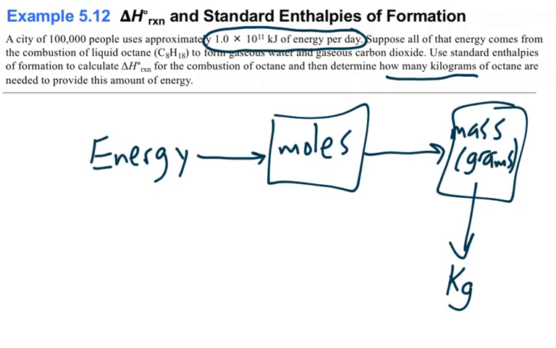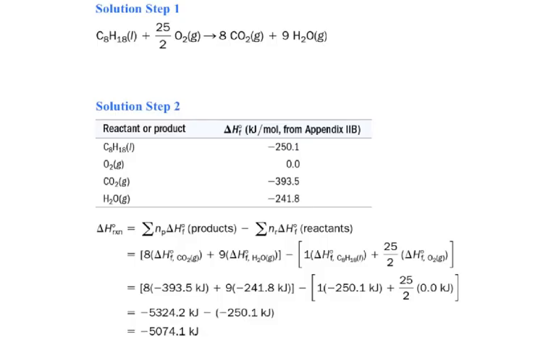So on the next page here, you'll notice that the first step, and this one's worked out for us, is the combustion of octane. Octane has this formula right over here, and combustion always means you're reacting it with oxygen and you're making carbon dioxide and water. This was balanced using a fraction, but you can also write it like this.